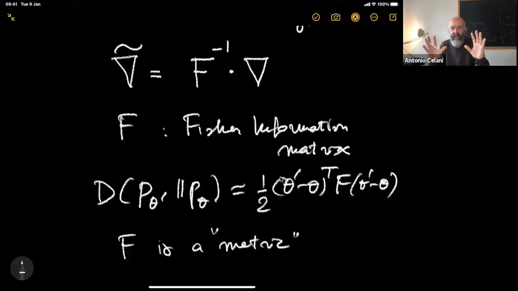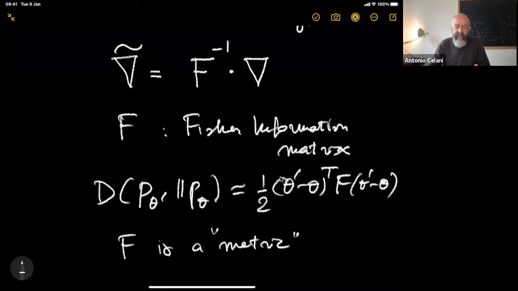It's a gradient which takes into account the local geometry of the space of parameters. So this is where actor-critic algorithms meet a whole field of information theory, which is called information geometry. Okay, so you just need to know that there is this connection.